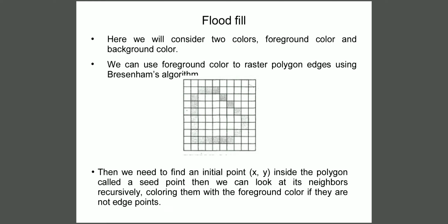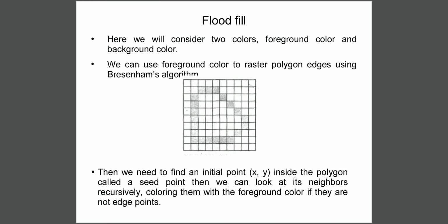This is the fourth step, which is the first step in a flood fill algorithm. All the pixels of the frame buffer need to get updated with a background color. The second step is to rasterize the edges of a polygon by using one of the line segment rasterization algorithms, that is either the DDA algorithm or Bresenham's algorithm. So we are able to observe only the edges of a polygon, but filling has not happened.